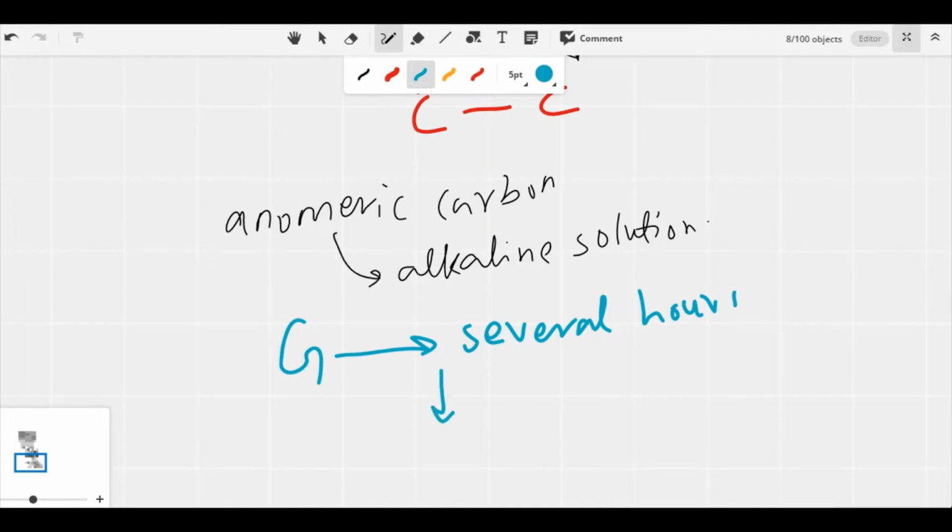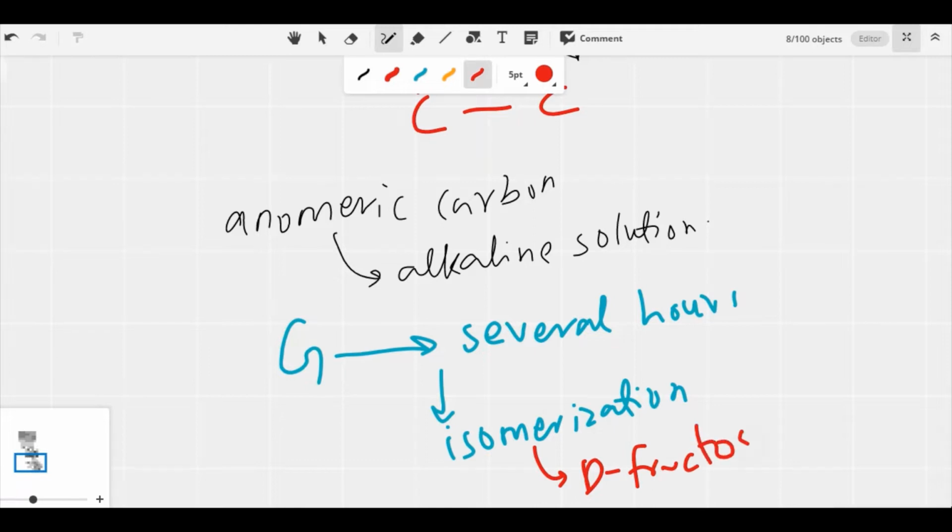It undergoes isomerization to form D-fructose and the next one, D-mannose.